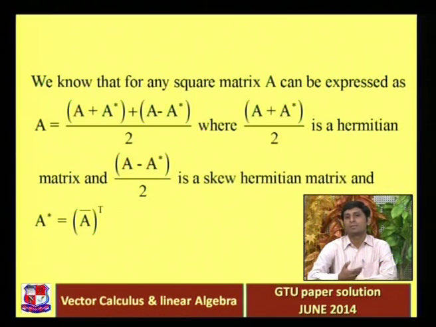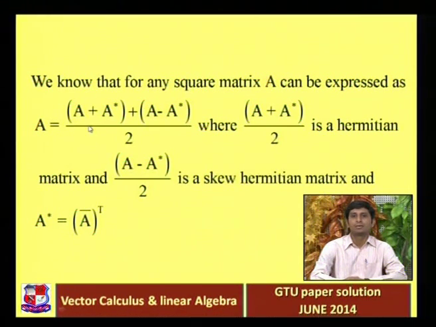Using the definition, we know that if A is Hermitian, then A star is equal to A, and if A is a skew Hermitian matrix, then A star is equal to minus A. So we can easily prove that the star of A plus A star is equal to A plus A star, because the star of A star is A. So easily we can prove that A plus A star divided by 2 is a Hermitian matrix, and A minus A star divided by 2 is a skew Hermitian matrix.